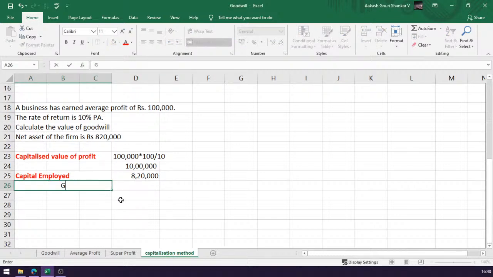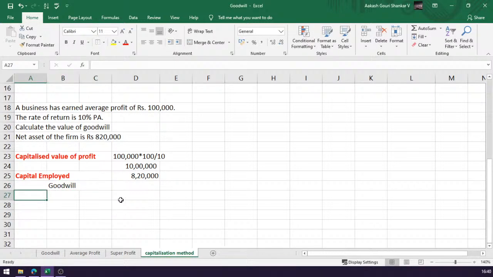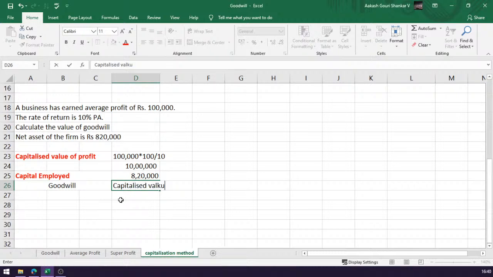So obviously, goodwill equals capitalized value of profit minus capital employed.